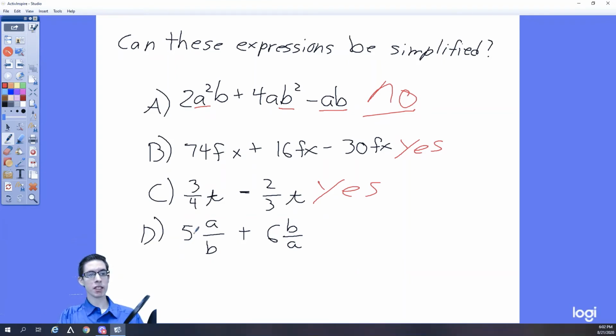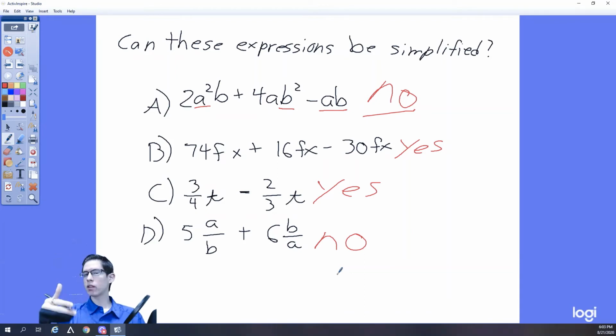What about letter D? What do you guys think? Can we combine these terms? All right. If you said no, you got that one correct, because this time, even though the letters are the same, they're in the wrong spots. You see what I'm saying? The first term has an A in the numerator and a B in the denominator, and the second term has a B in the numerator and an A in the denominator.